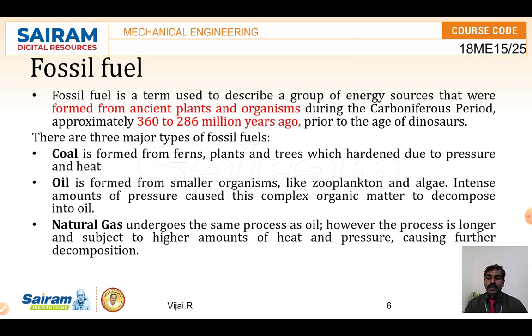Just like that, we also get natural gas: some amount of heat and pressure causes further decomposition of the oil, and it becomes gas. So fossil fuel is what we get from the buried animals and organisms.